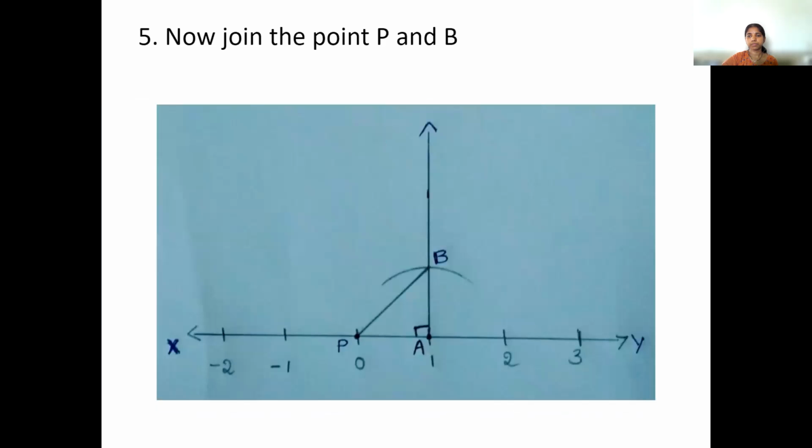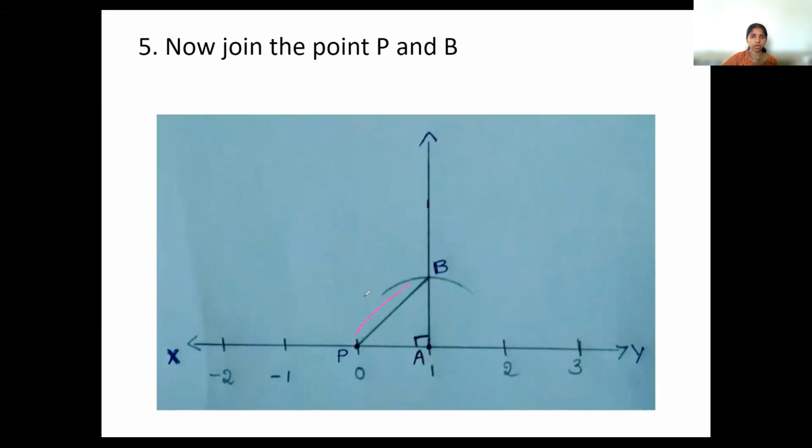Now, what do we want to represent on this number line? We'll see where it falls on this number line. So using Pythagoras theorem, we have found the value of PB.